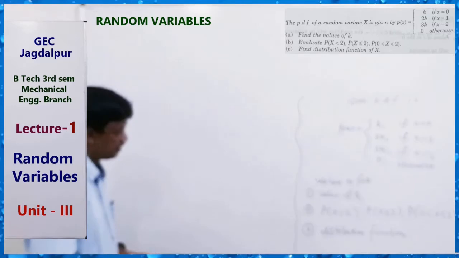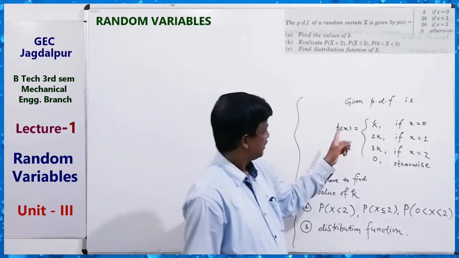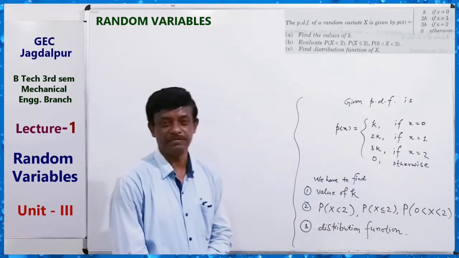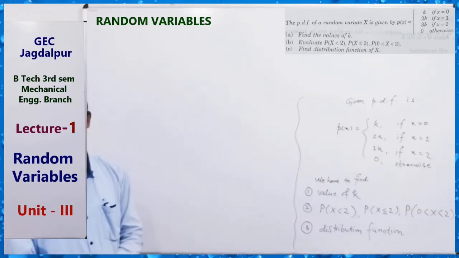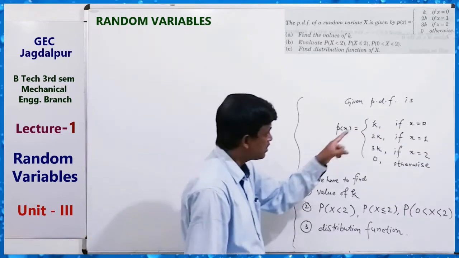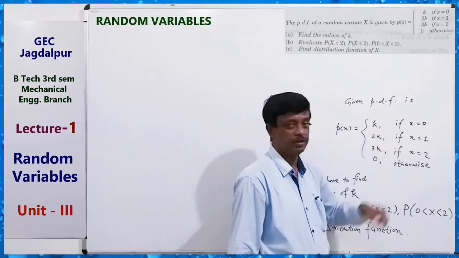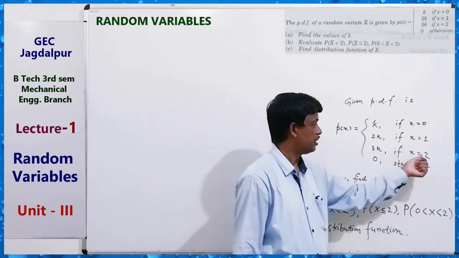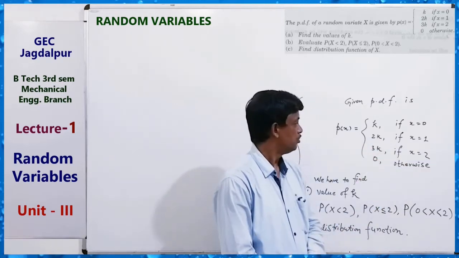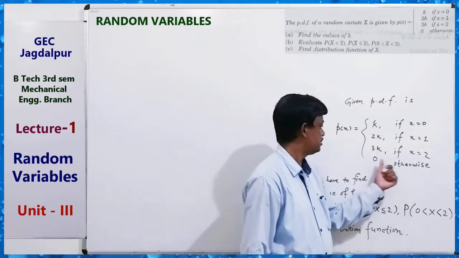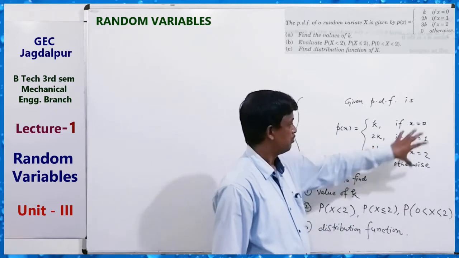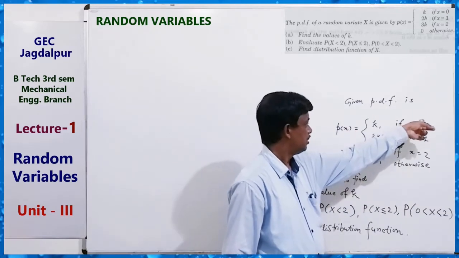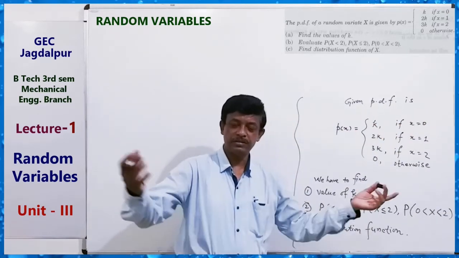Here we see that by definition this PDF is for a discrete random variable, because for x equals 0 the value is k, for x equals 1 it is 2k, for x equals 2 it is 3k, otherwise 0. Otherwise all values are 0. That means, how many values can there be?